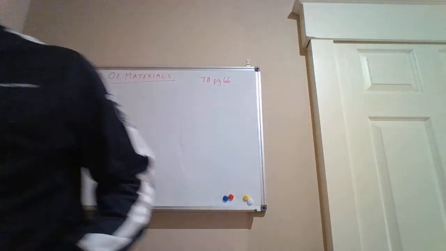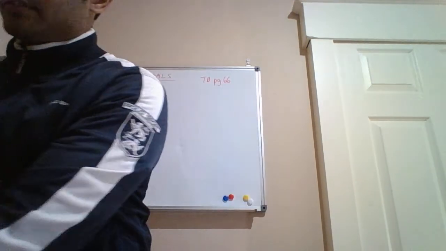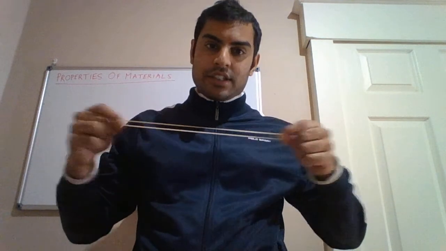This can was easily crushed and is an example of an object having little compressive strength. This rubber band is easily stretched and is an example of an object having little tensile strength.